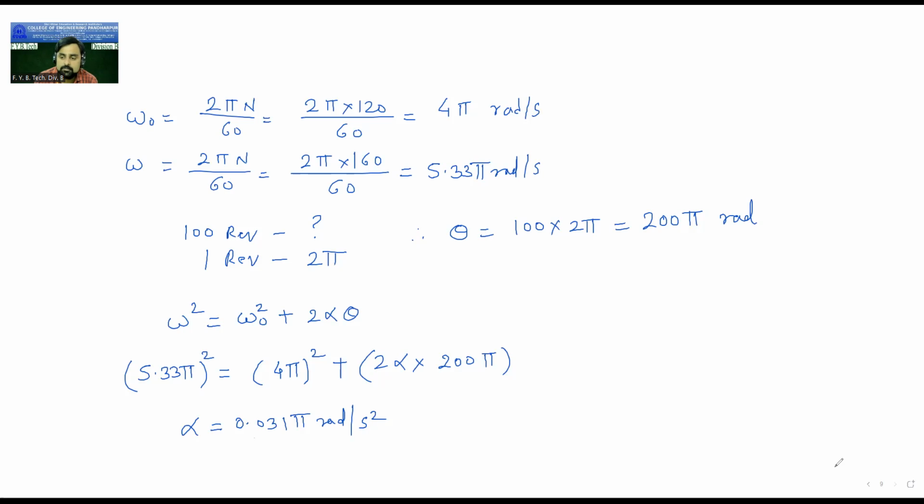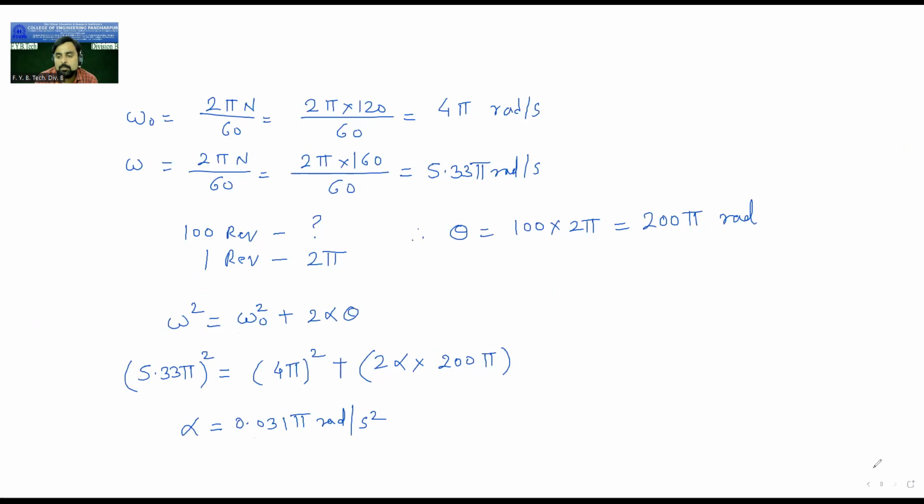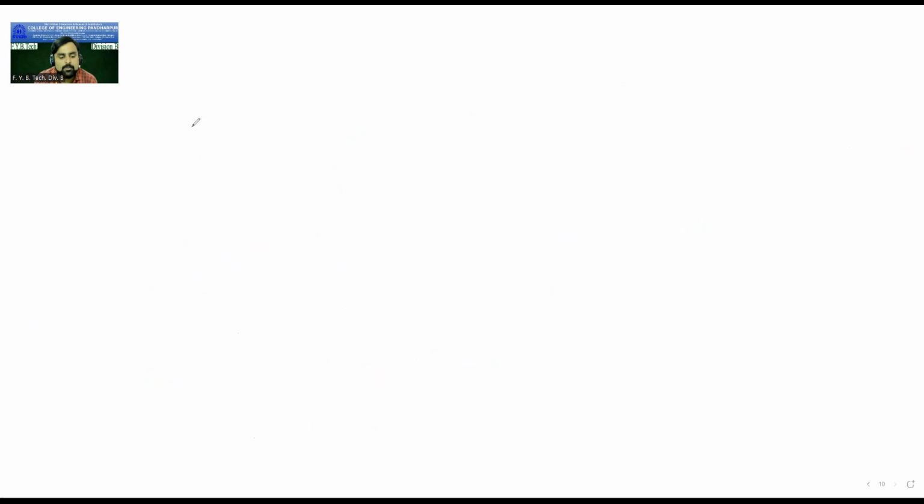What did they ask next? Time taken to increase the velocity from 120 to 160. So what is the time required for this? If I want to calculate the time, you can use any equation, but t should be there. So I will use omega is equal to omega naught plus alpha t. So omega is 5.33 pi is equal to omega 0, which is 4 pi, plus 0.031 pi into t.